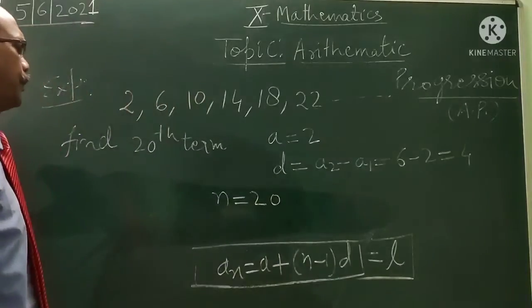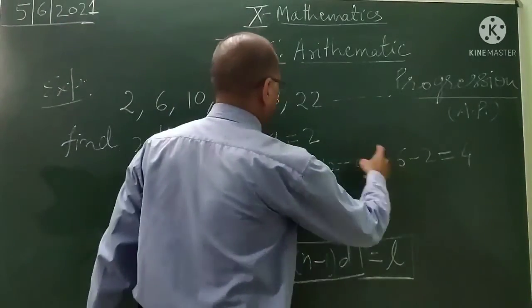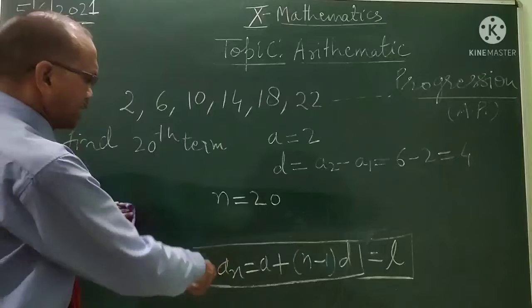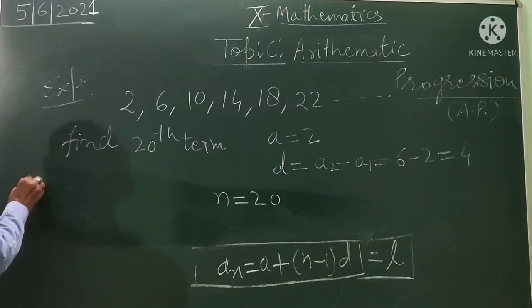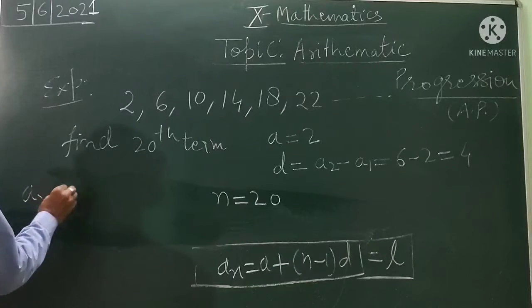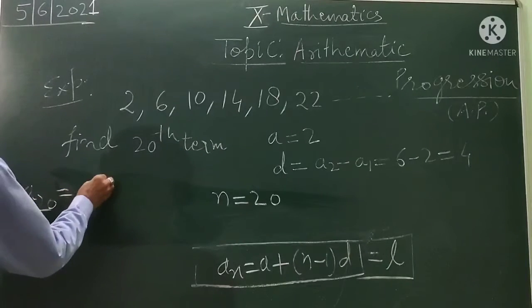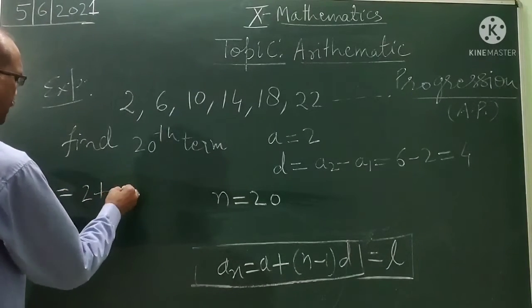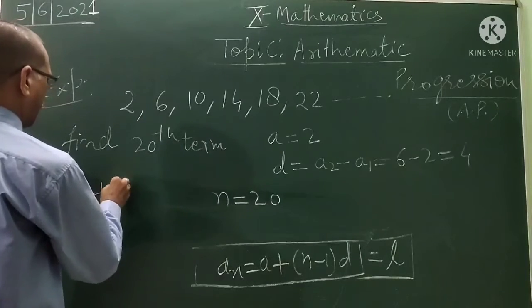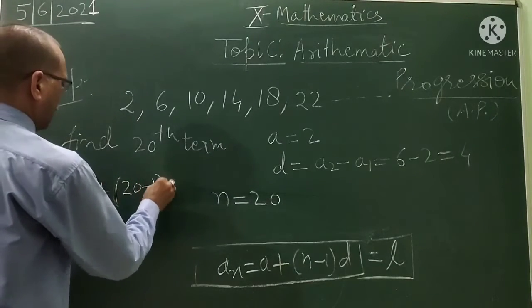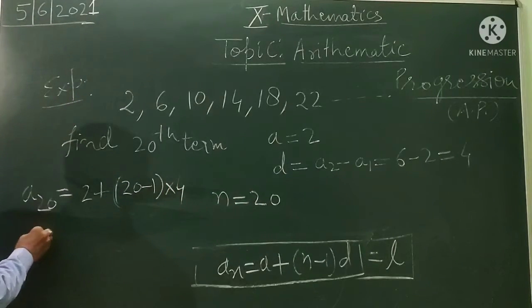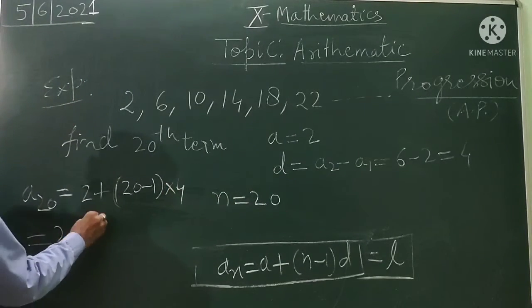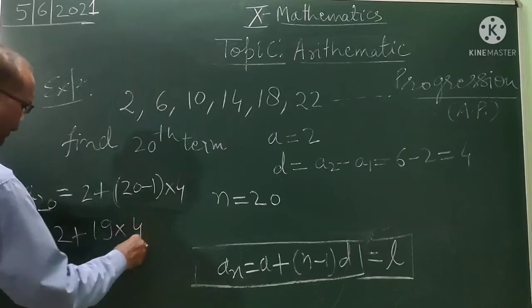Now, d equal to 4, a equal to 2. This is the formula a plus n minus 1 into d. So, a20 equal to 2 plus 20 minus 1 into d equal to 4. Then it is 2 plus 19 into 4.